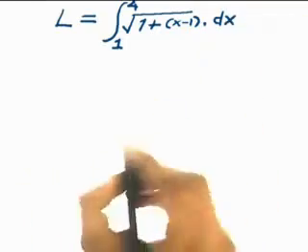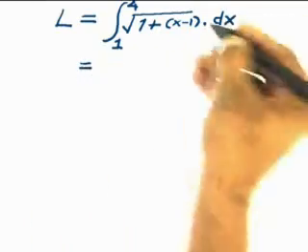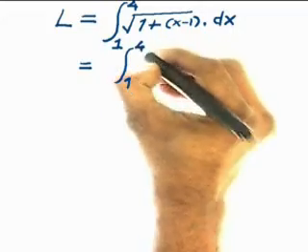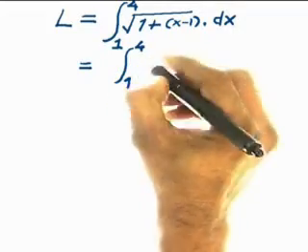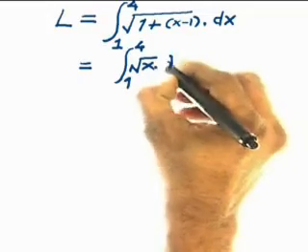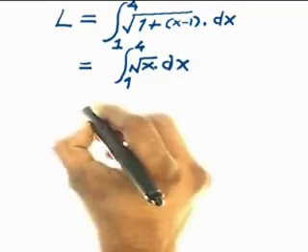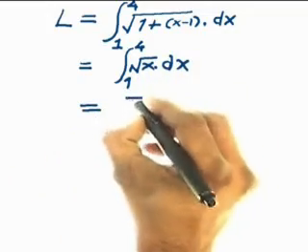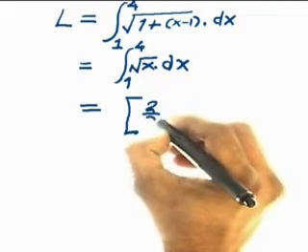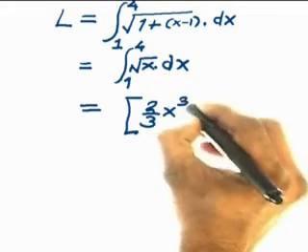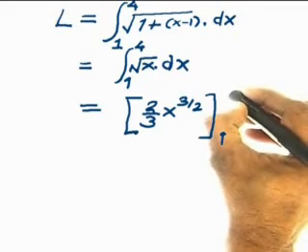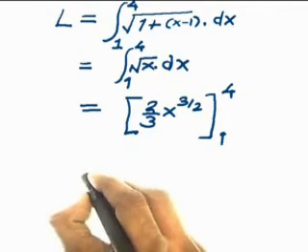We are going to integrate it with x, so it now becomes integral from 1 to 4 of root x dx. Obviously, the result tells us that the answer is 2 by 3 x to the power 3 by 2 from 1 to 4.